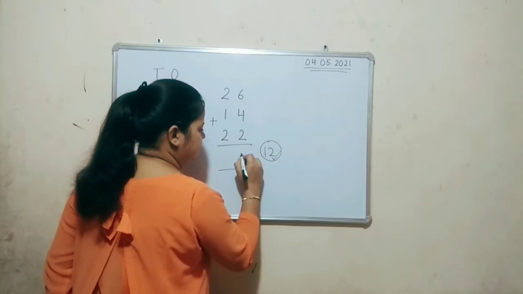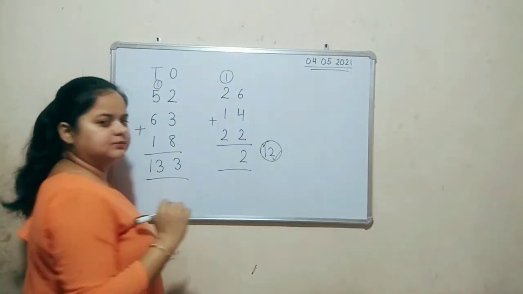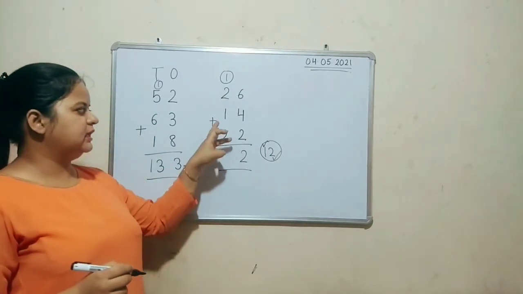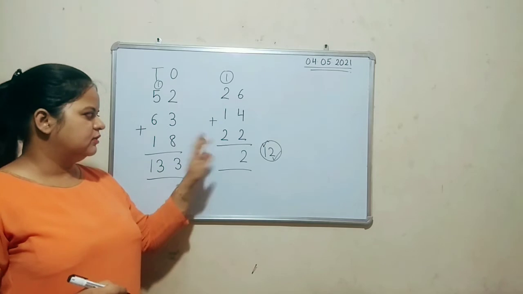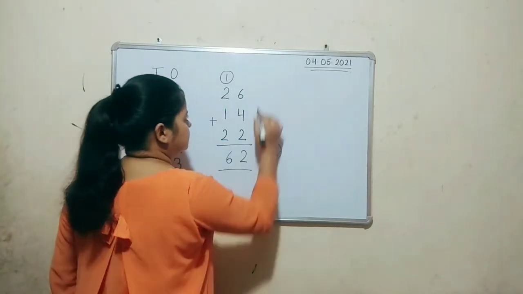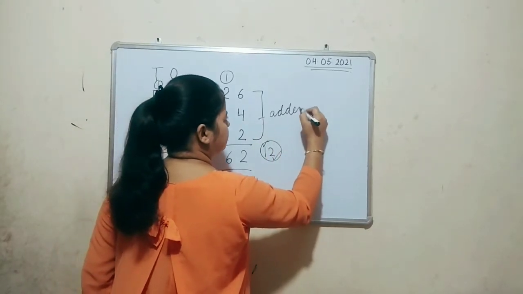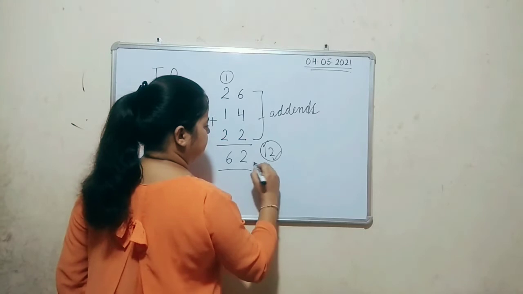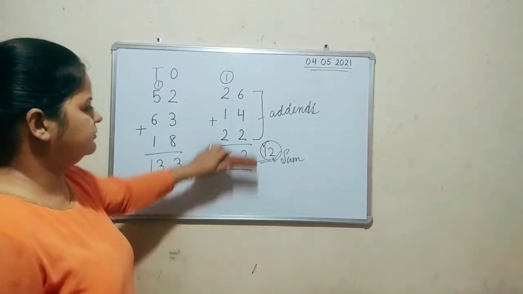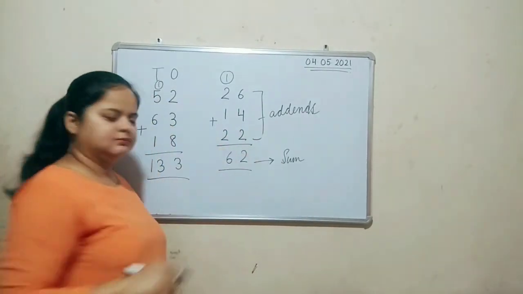So ones here and tens will go here. 2 and 1, 3. 3 and 1, 4. 4 plus 2, 6. Now here we have 3 addends. And this is the sum. Understand?